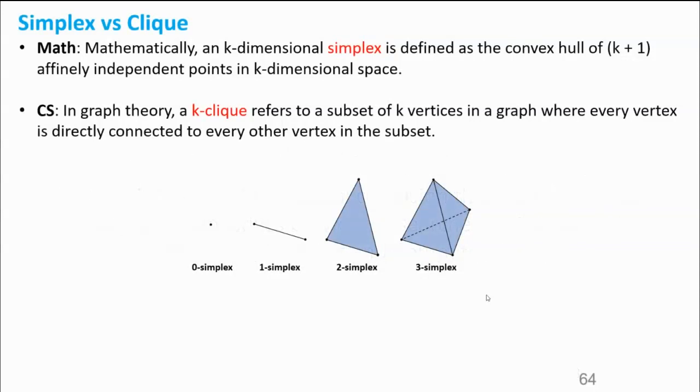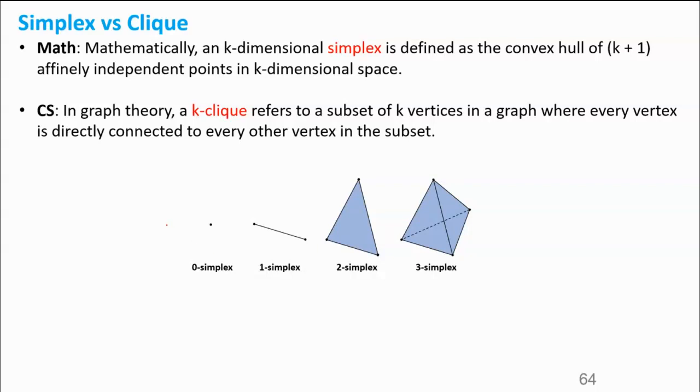In mathematics, a k-dimensional simplex is defined as the convex hull of k plus 1 affinely independent points in k-dimensional space. In graph theory, a k-clique refers to a subset of k vertices in a graph where every vertex is directly connected to every other vertex in the subset.